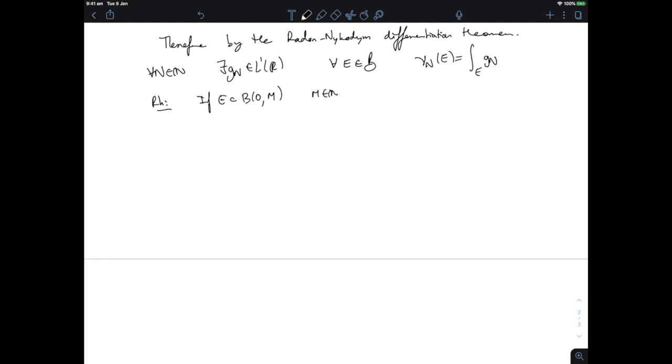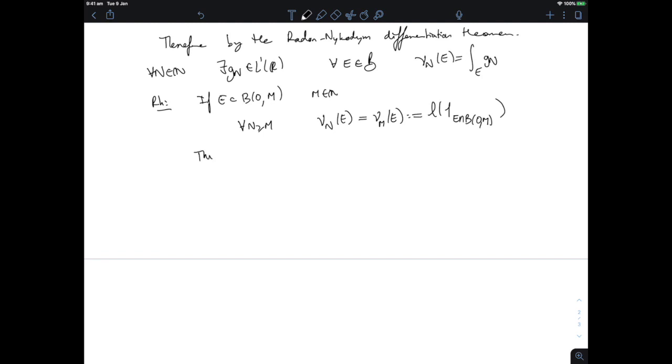We've got that for every n greater or equal to m, nu n of E is going to be the same as nu m of E, right? That's because they are all defined as L of the indicator function of E intersected with the ball, and the intersection of E with the ball B0m or the ball B0n is going to be the same thing.